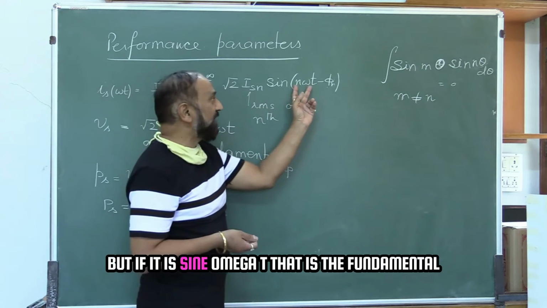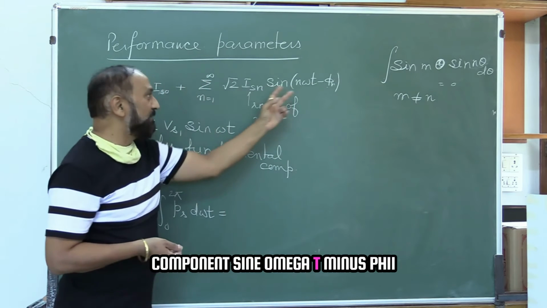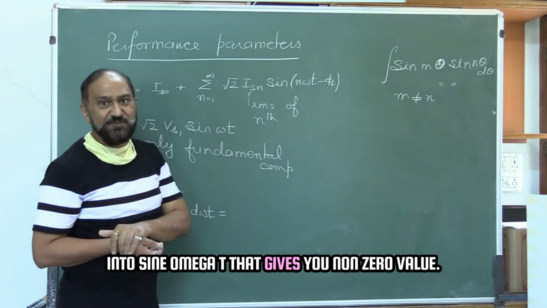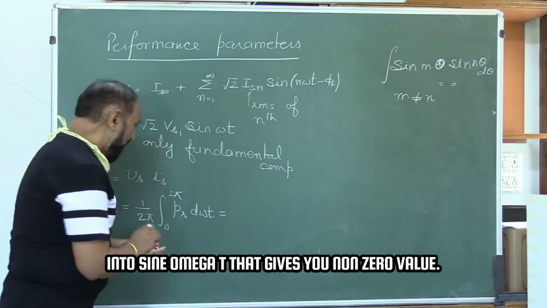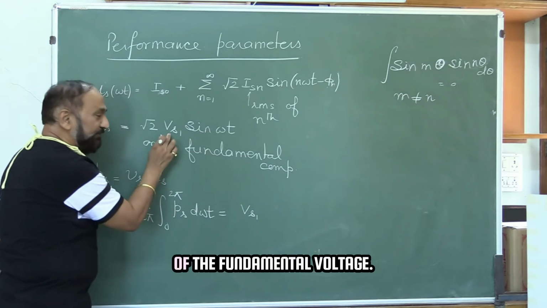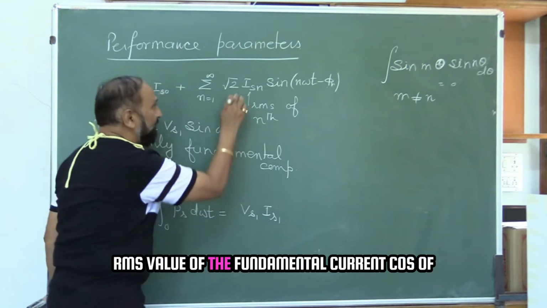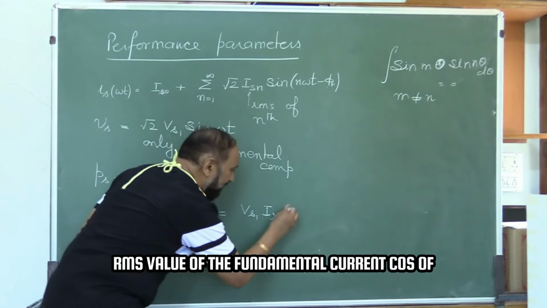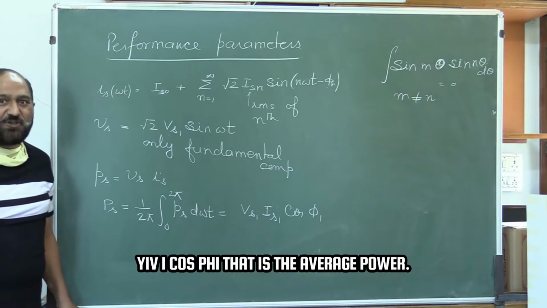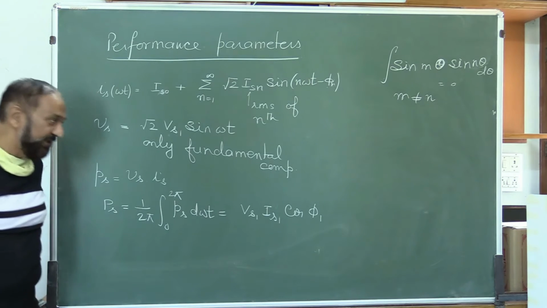But if it is the fundamental component, sin of omega t minus phi 1, into sin omega t, that gives you a non-zero value, and the result will be the RMS value of the fundamental voltage, the RMS value of the fundamental current, cos phi 1, Vs1 Is1 cos phi 1, that is the average power.